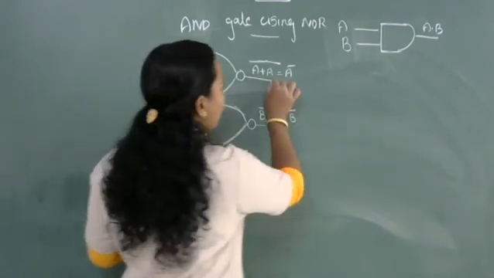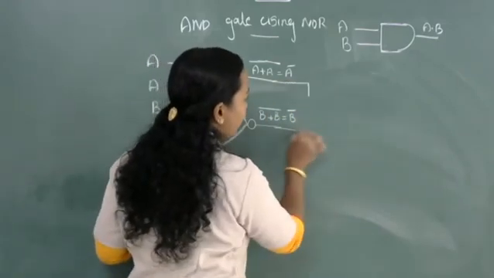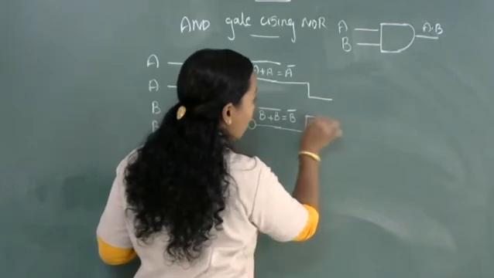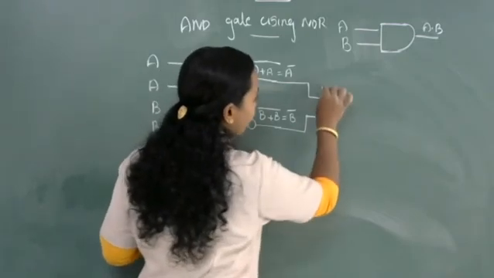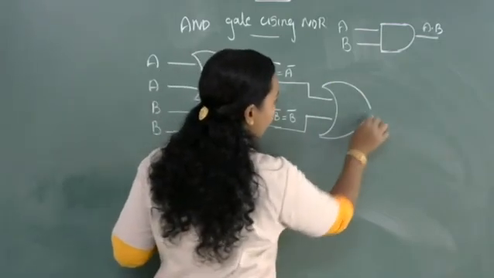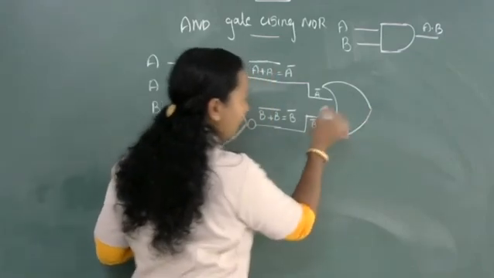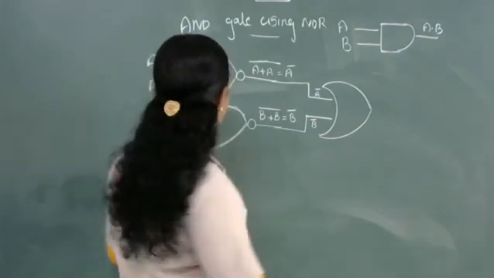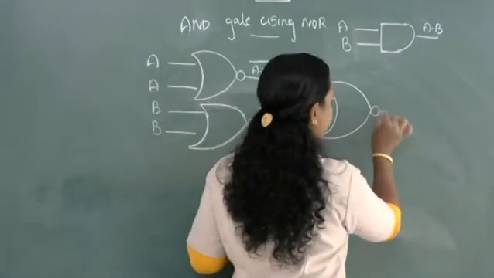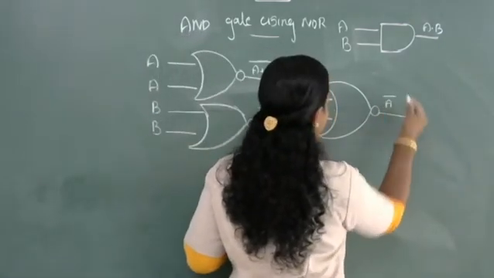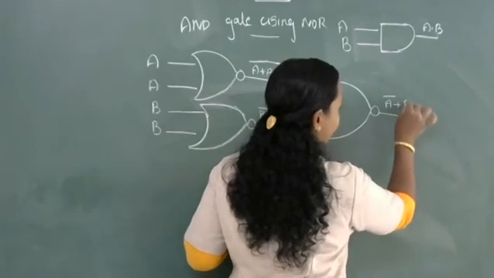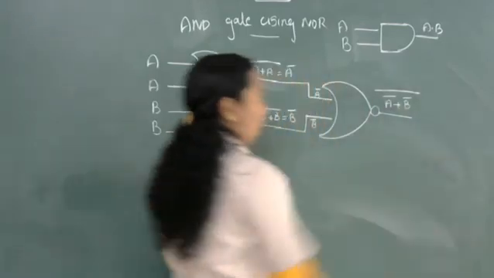Then one more time I am going to draw a NOR gate. What will be the inputs? A complement, B complement. Then what will be the result? (A complement plus B complement) all complement.